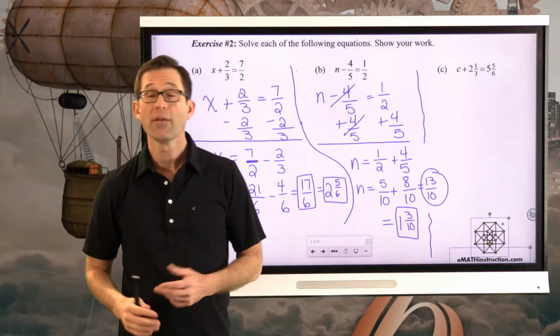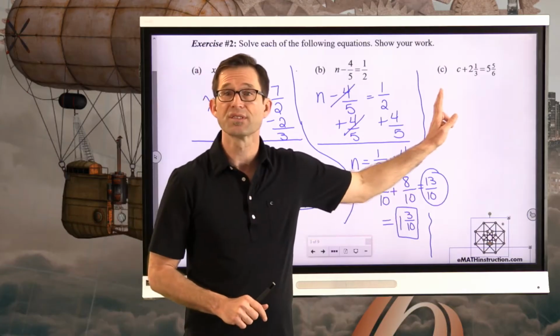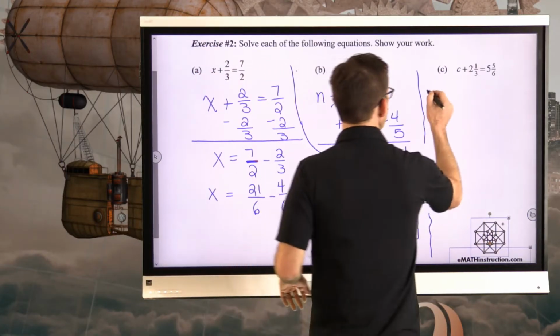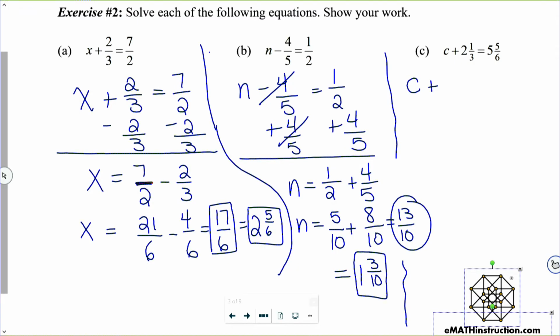All right. And finally, the one that probably looks the worst, c plus 2 and 1/3 equals 5 and 5/6. Again, in theory, the only thing that's different on this one is that the numbers are a bit uglier, right? So I'm going to subtract 2 and 1/3 from both sides, right?